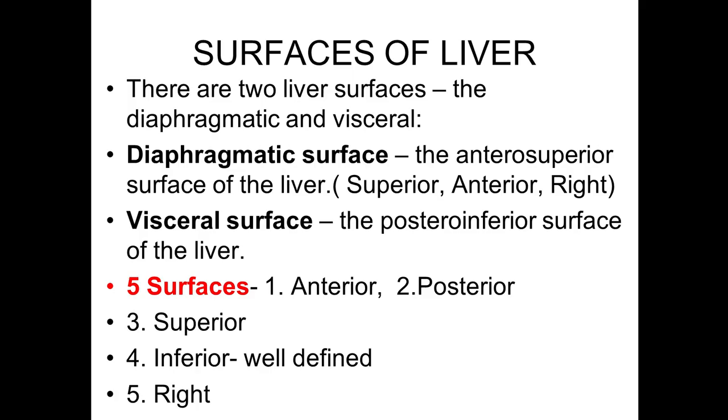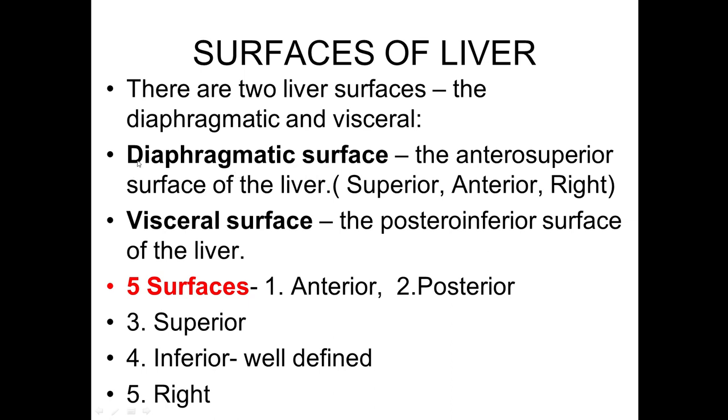Let's study the external features of the liver. First of all, we're going to study the surfaces of the liver. The liver has two surfaces. One is diaphragmatic, another is visceral. Diaphragmatic means the surface that is in relation with the diaphragm, and visceral is the surface which is in relation with the various viscera.